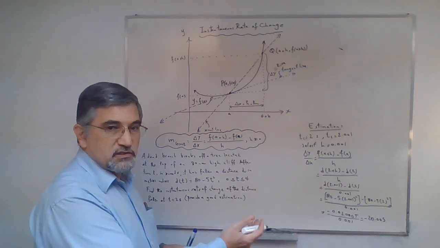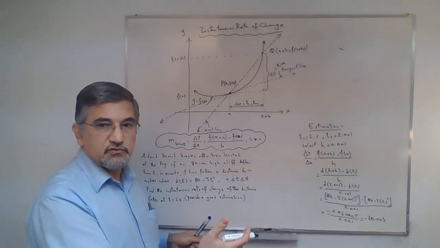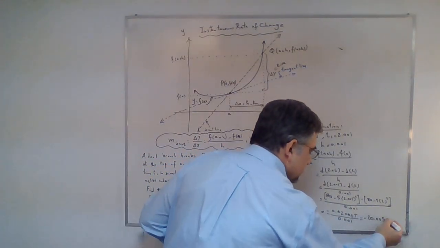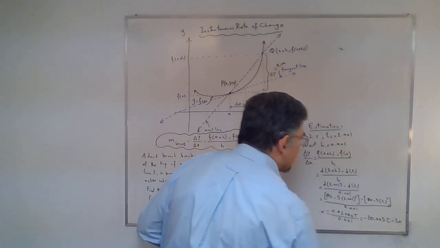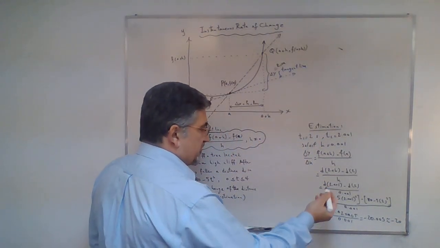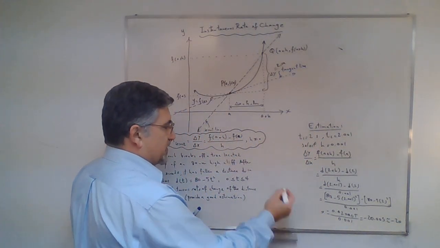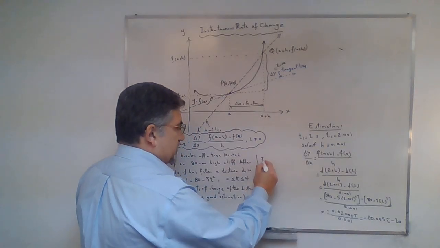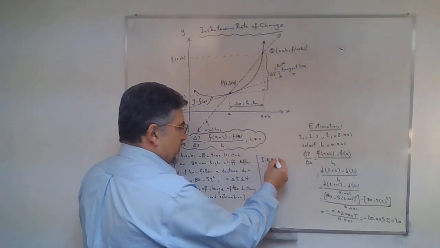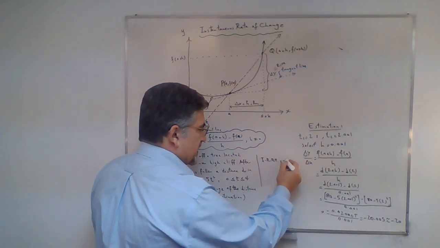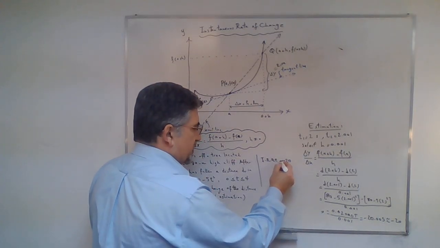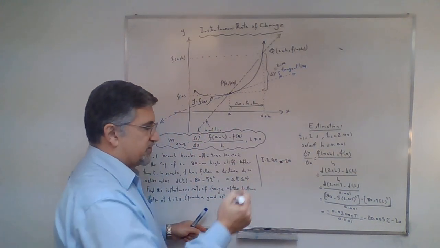Now this answer, let's admit it, is very, very close to negative 20. So I'm going to say this is approximately negative 20. What we found was actually the instantaneous rate of change, which is approximately equal to negative 20.